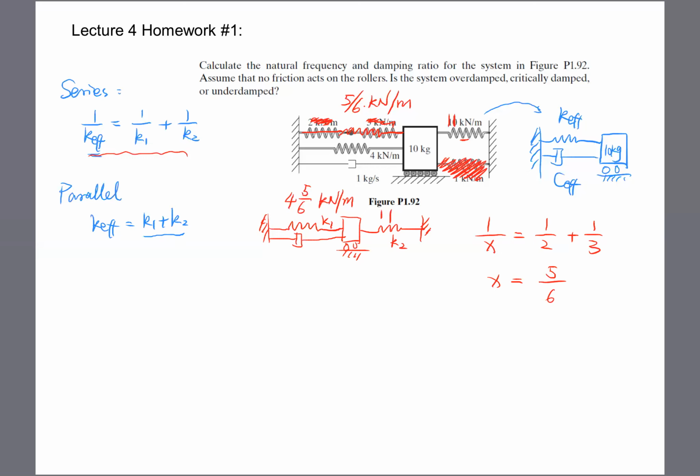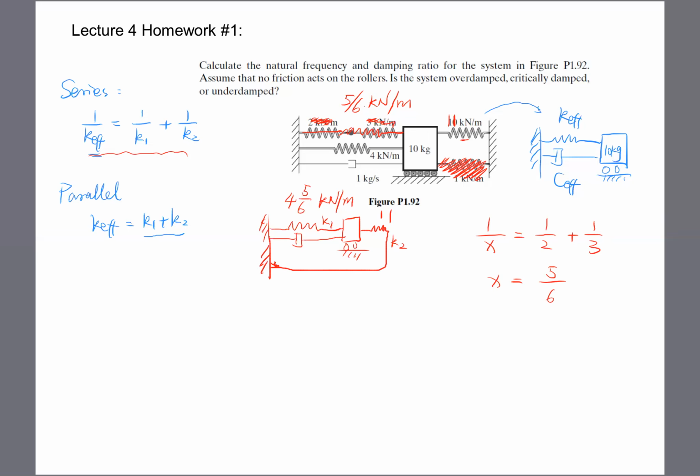What you can usually do is move things around. What I usually do is merge the ground part, because these two are at the same ground. You can erase one of the grounds here, and then connect these springs to the same ground.